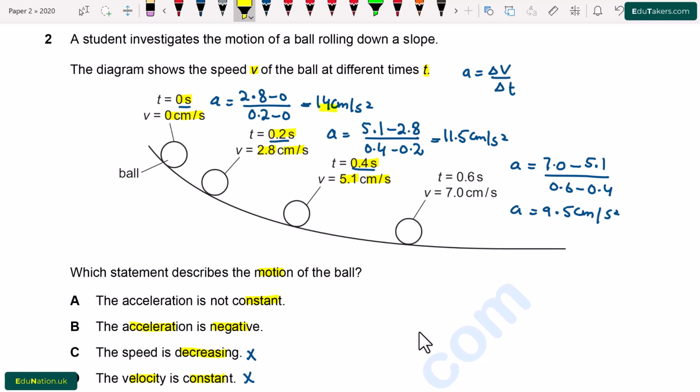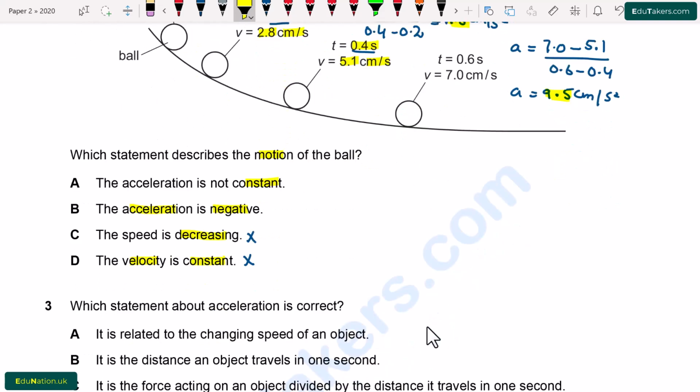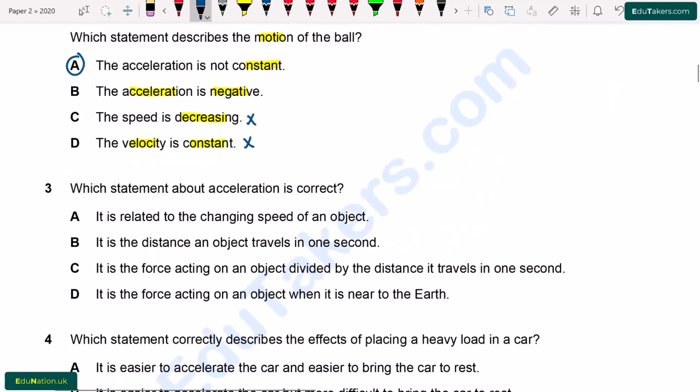First of all, acceleration is 14 centimeter per second square. Next, acceleration is 11.5 and at the end acceleration is 9.5. It means that acceleration is not constant and it is also positive. It does not have a negative value. So from here option A is correct, which shows that acceleration is not constant.